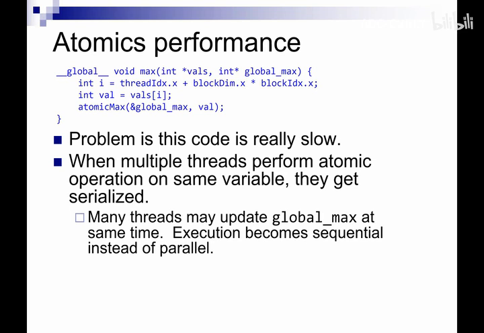They're going to perform the operation one by one on this variable instead of in parallel. If we have a big array, then we're going to have lots of threads, so potentially many threads are going to be calling this atomic max operation.